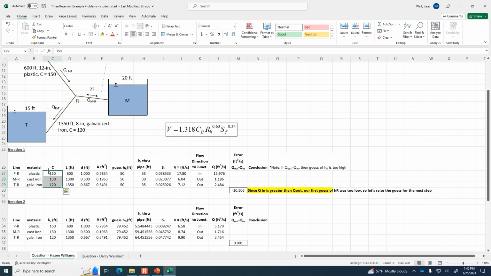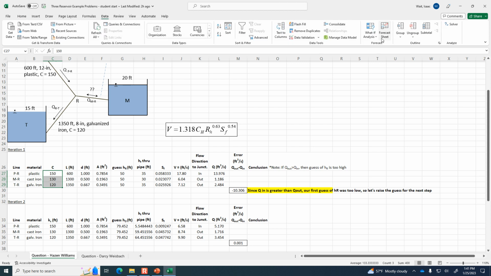Can the error not be 0? Does it have to be as close to 0? Not be 0. You put 0.001. Yeah. If we wanted it to be more accurate, instead of using Goal Seek, we could use Solver. Solver forces the solution to be accurate to this many digits, if you look at the guess that it's found.